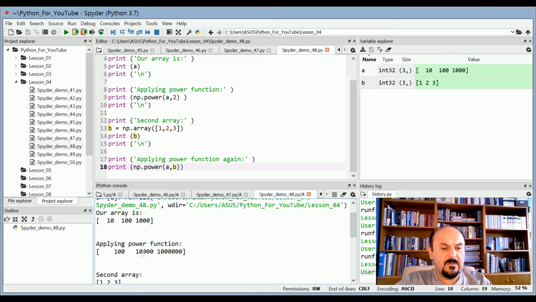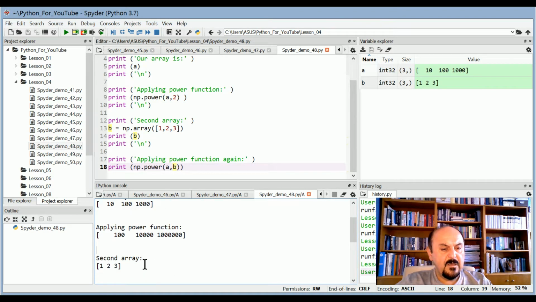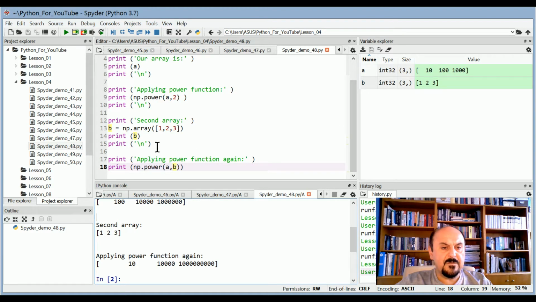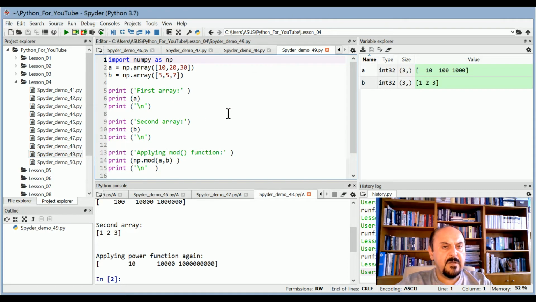This is 1,000, 10,000, and this becomes 1 million. And how about the second array? After applying this power function, it becomes 10, 10,000, and 1,000, 10 million, 100 million. Okay. And how about our next?